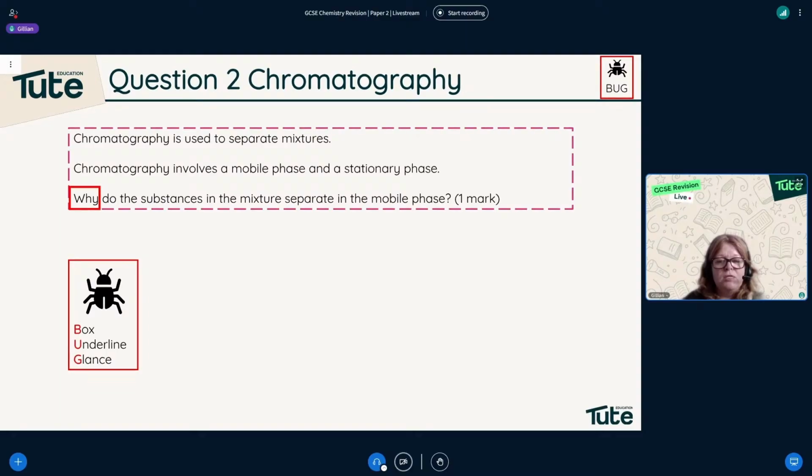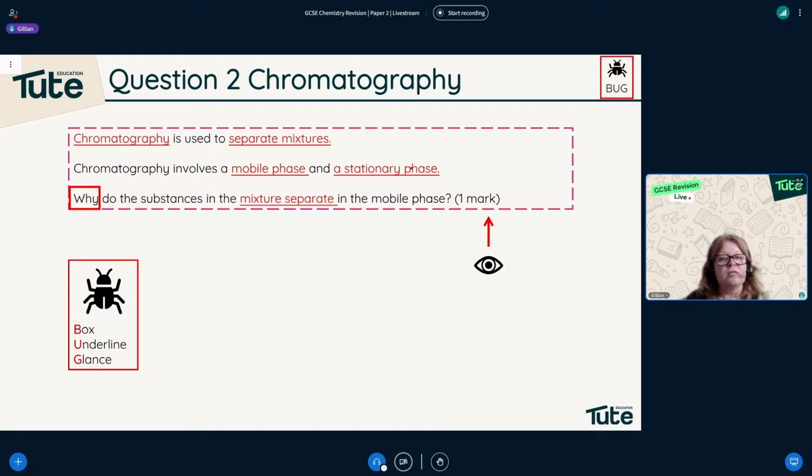Okay, so boxing our command word, underlining the key information in the question, and then glancing at the number of marks for the question. So, this is just a one mark question here. So, we use chromatography. Now, it actually does rely on these 2 phases here. So the mobile phase is basically the solvent, so that moves through the chromatography paper, and the stationary phase is contained on the paper.